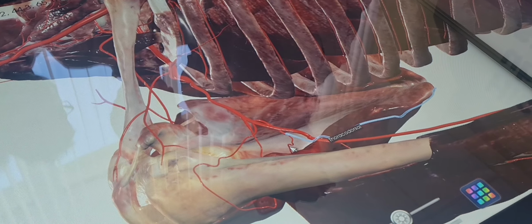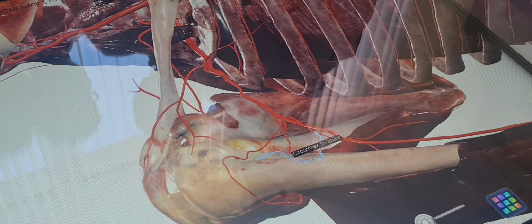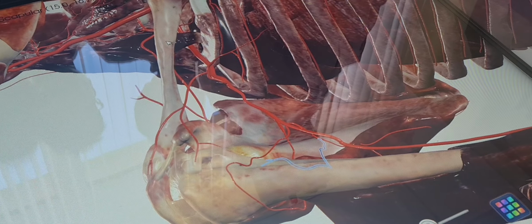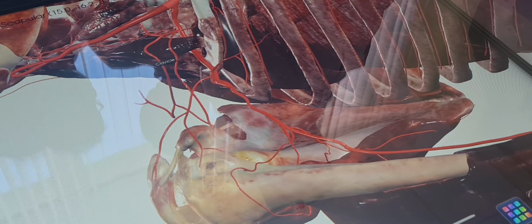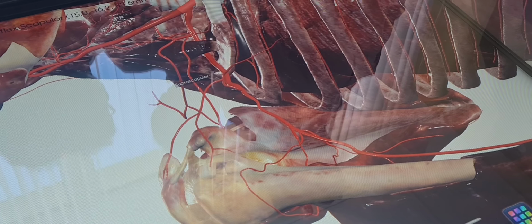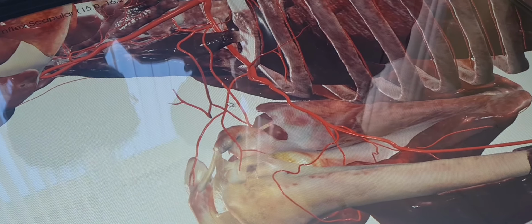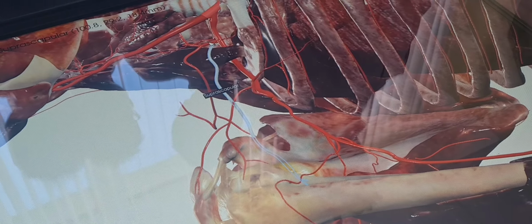Arteria circumflexa scapulae makes anastomosis with arteria suprascapularis. Look here, that is arteria suprascapularis, from the thyrocervical trunk.